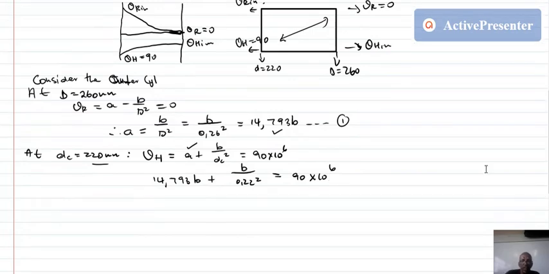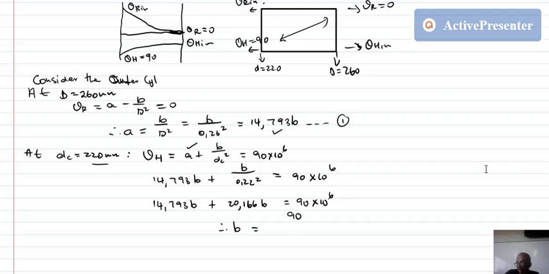Then we say we have 14,793B plus 20,166B, which is 90 × 10^6. That is, our B will be 90 × 10^6 divided by our A divided by the coefficient there.